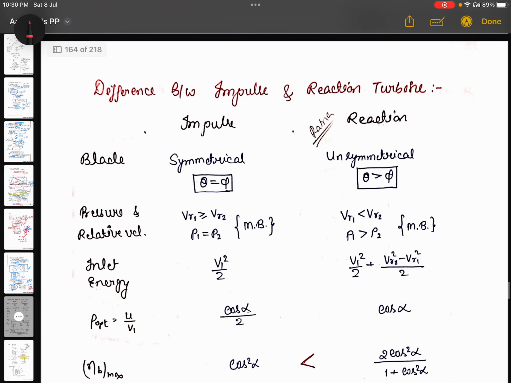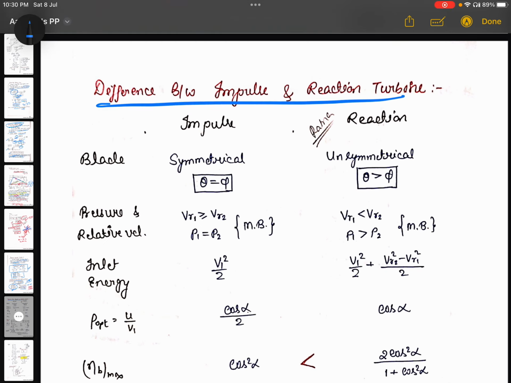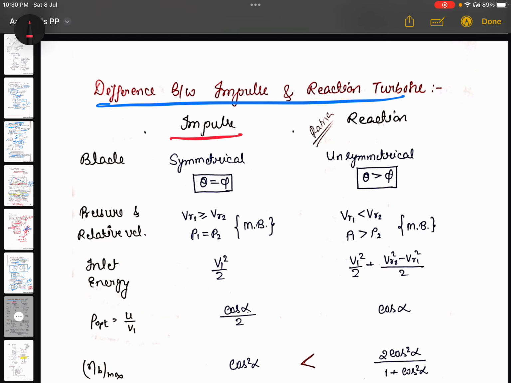So we can see the differences. What are the differences between the impulse and reaction turbine?